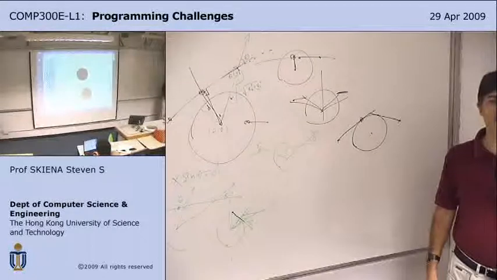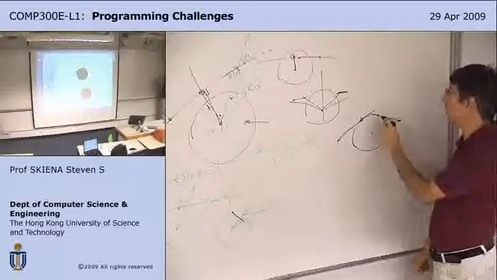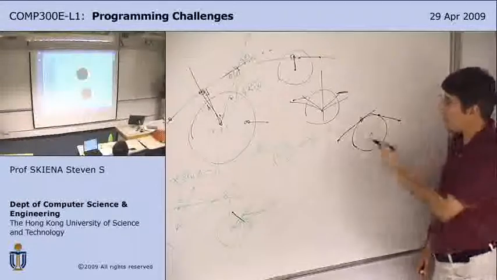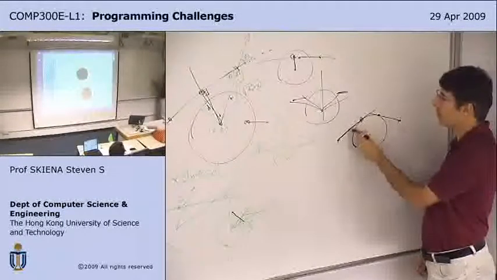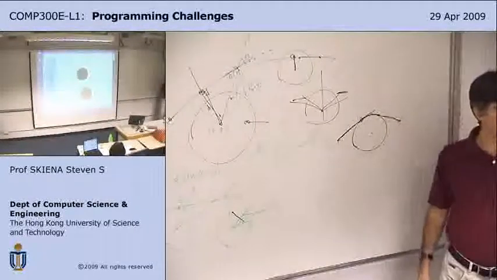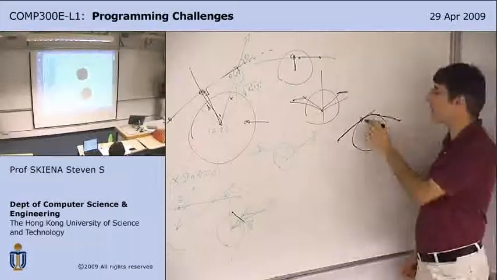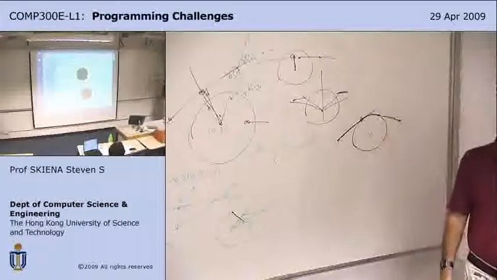Any ideas? What is it that we want to know in order to compute it? I think if we knew what the tangent points were, then the length is going to be this, plus the circular arc. Is that right? So how do we compute what that tangent point is?